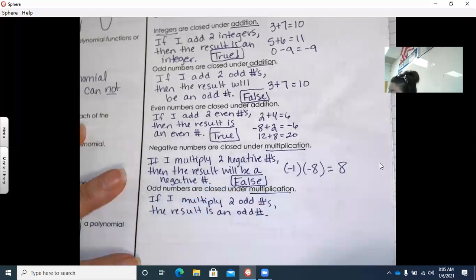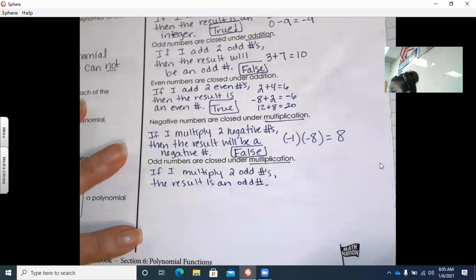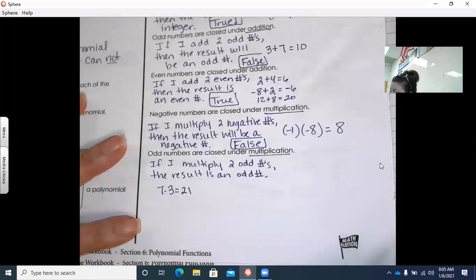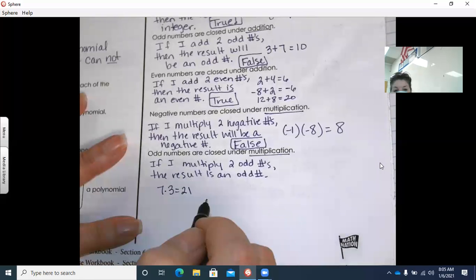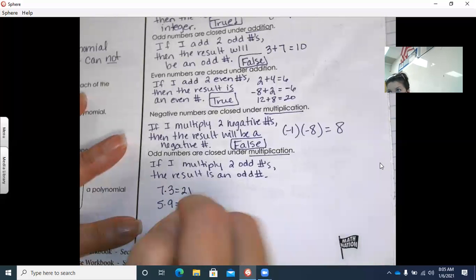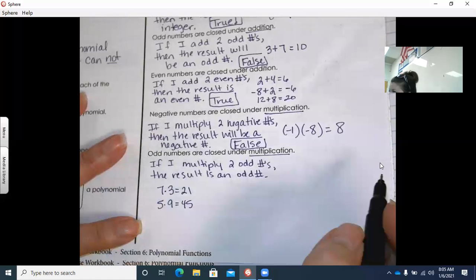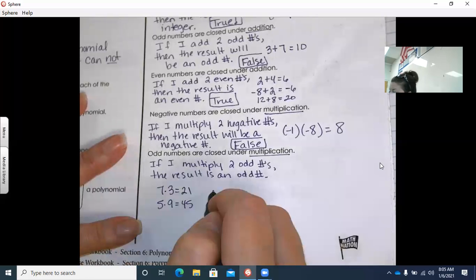Give me two odd numbers. 7 times 3 is 21. Everything's odd. Give me two more odd numbers. 5 times 9 is 45. All odd numbers. One times 7 is 7.